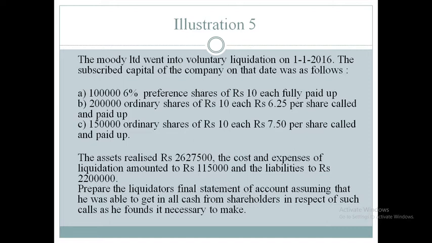One category of shareholders have already paid 6.25 and another category have paid 7.50. So if we deduct that from the face value of rupees 10, the liability is still 3.75 and 2.50 here. If the liquidator feels it necessary to pay off the liabilities of the company, he may make the calls here and collect the remaining amount.